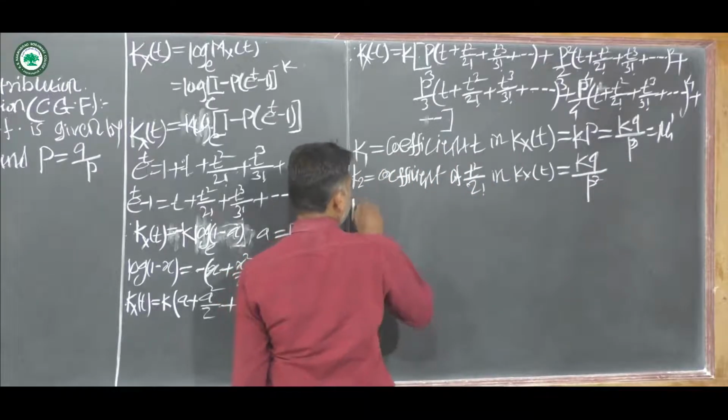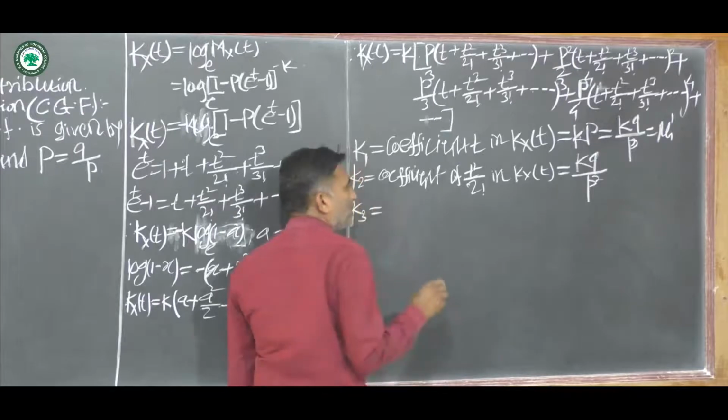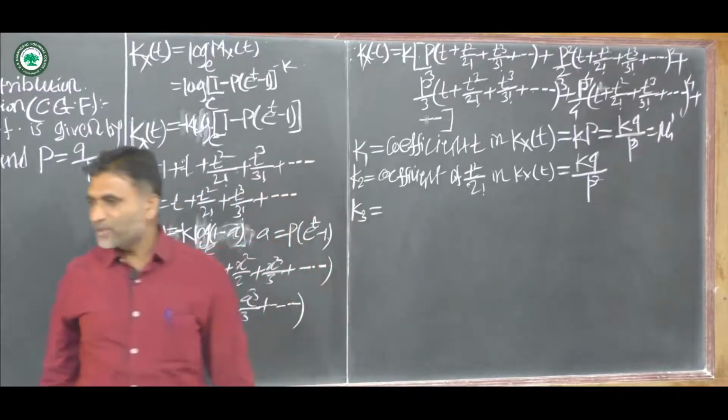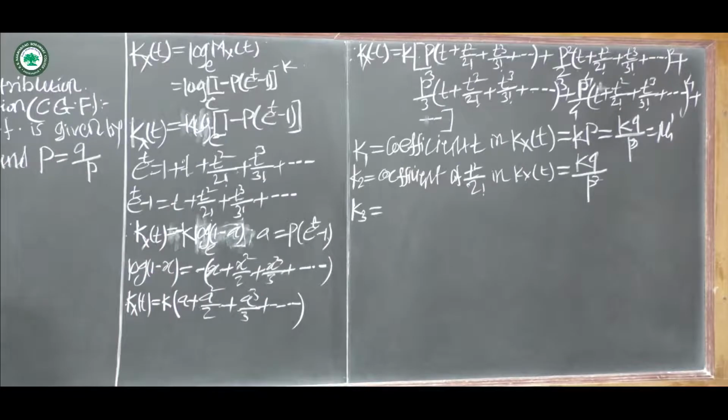Then k3 is equal to coefficient of t raised to 3 upon 3 factorial in kx of t in the expansion of cumulant generating function.